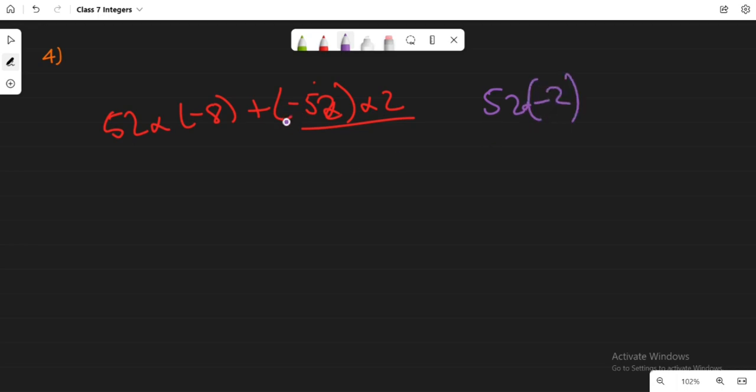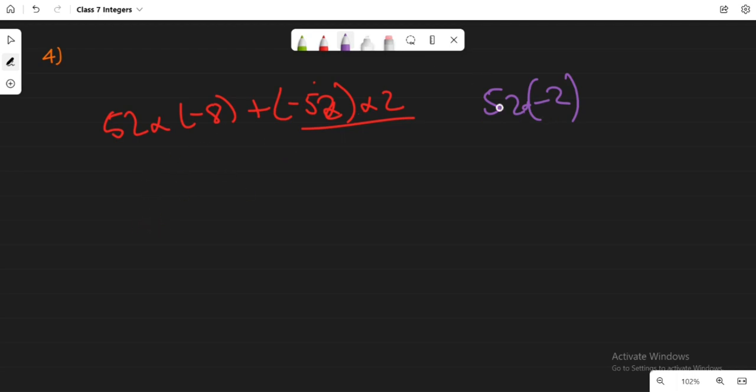Nothing changes, because this can be written as 52 into 2 into minus 1, and we can multiply minus 1 and 52 first. Otherwise we can also multiply minus 1 and 2 first to get minus 2. So we get 52 into minus 2.